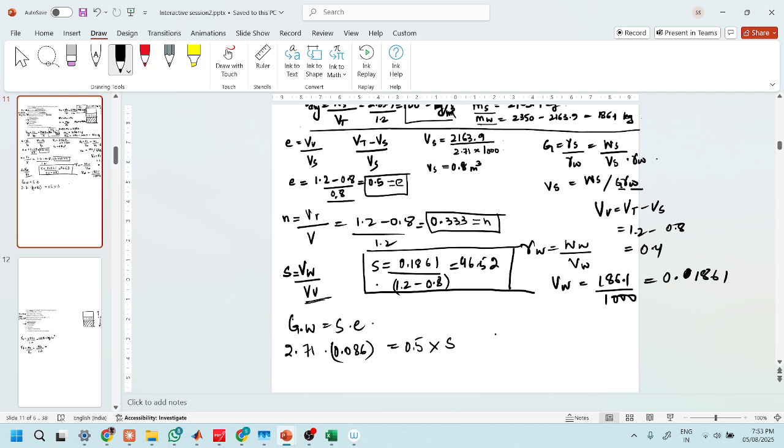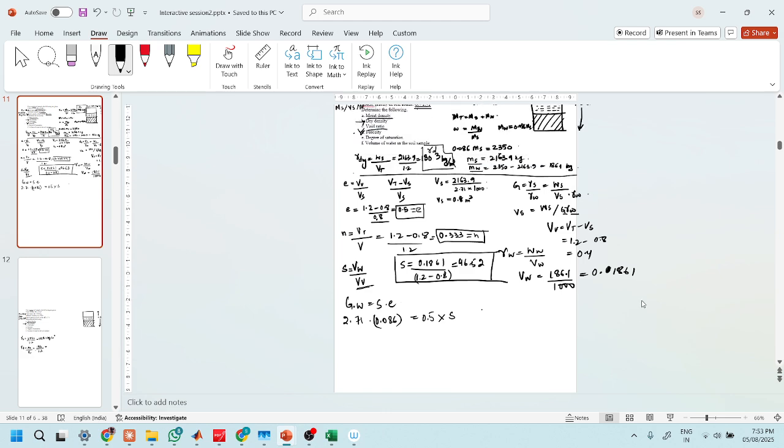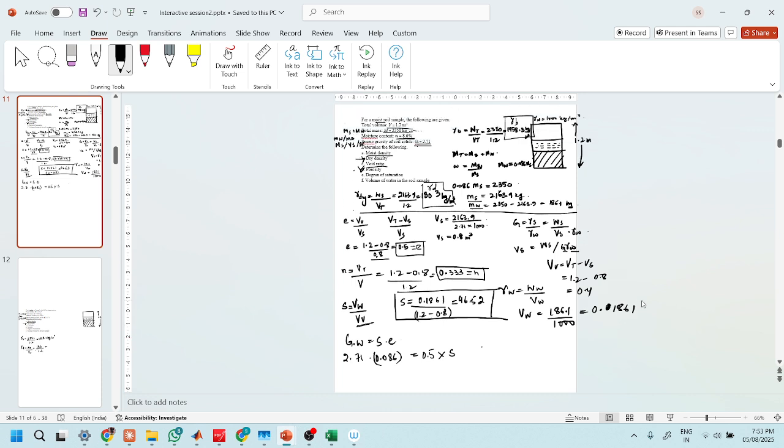So this is if you take the values from the diagram, but another way is we can calculate using the formula like we just did.